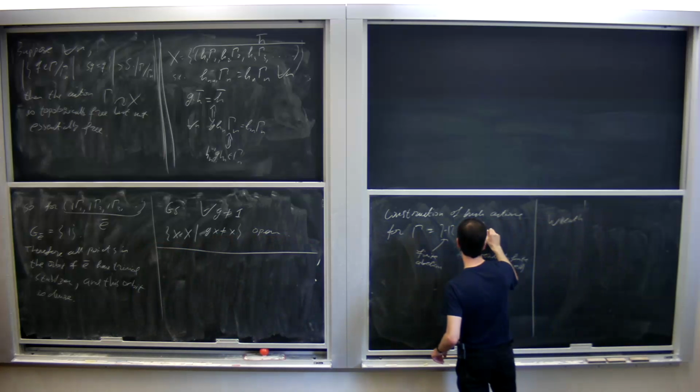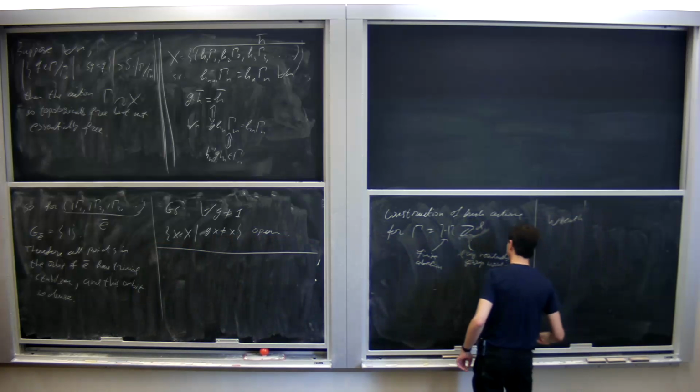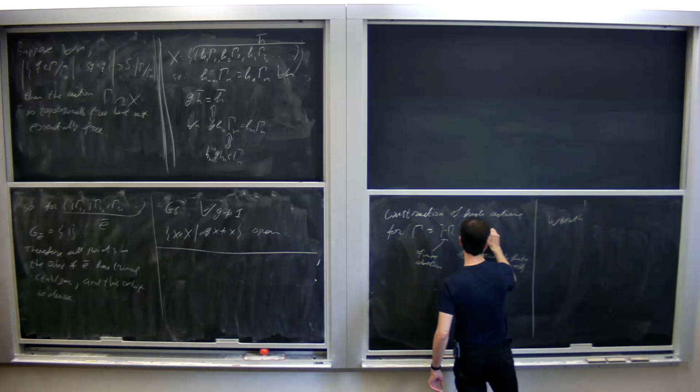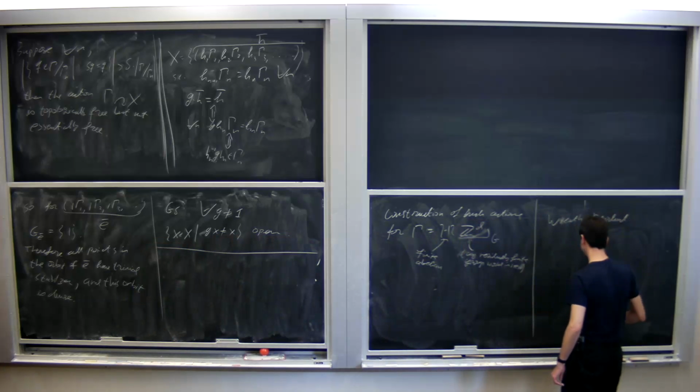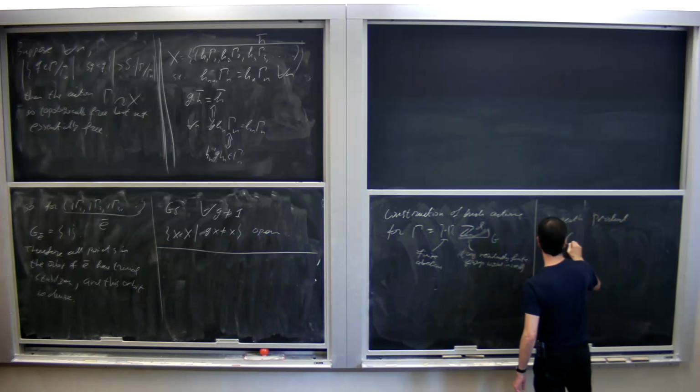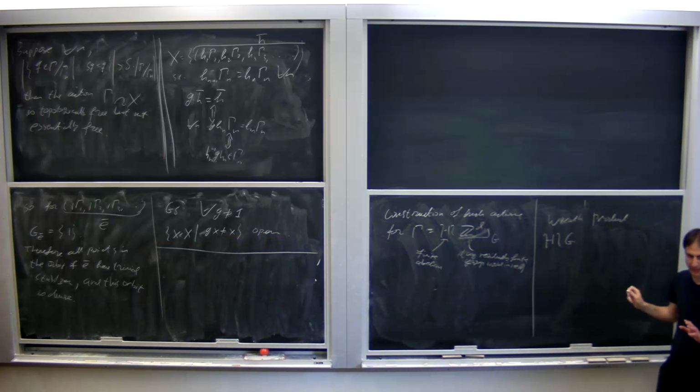let's call this G for now. Let's say H abelian just so that we use additive notation.